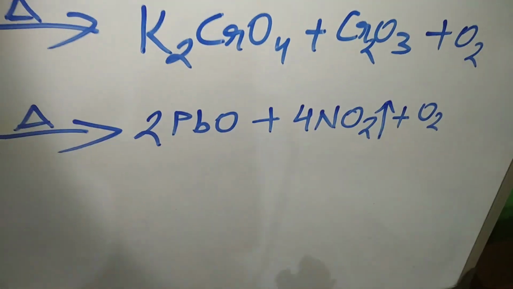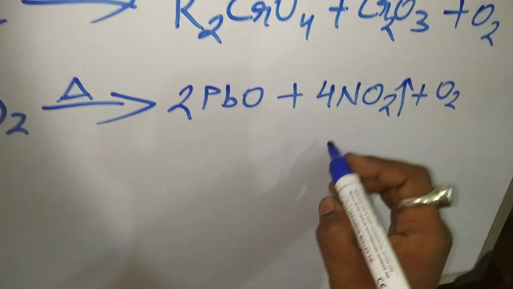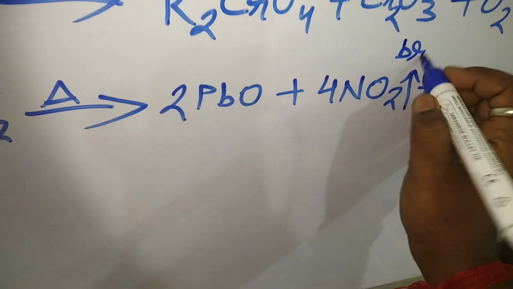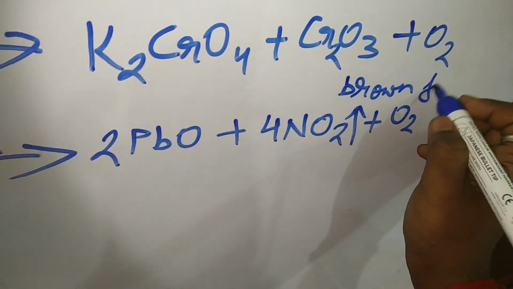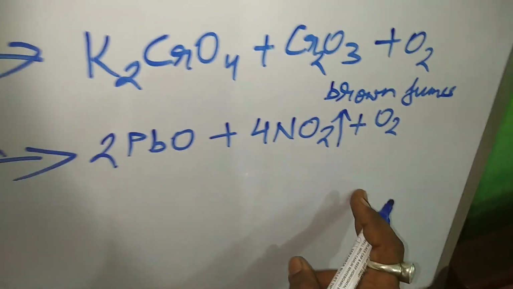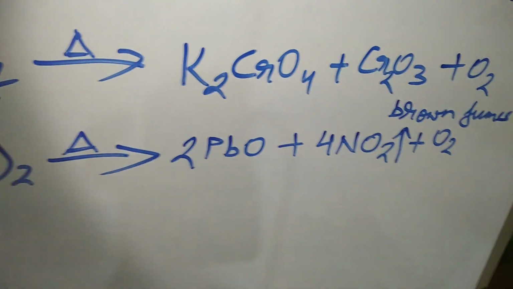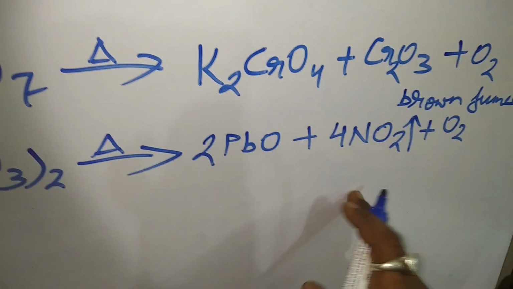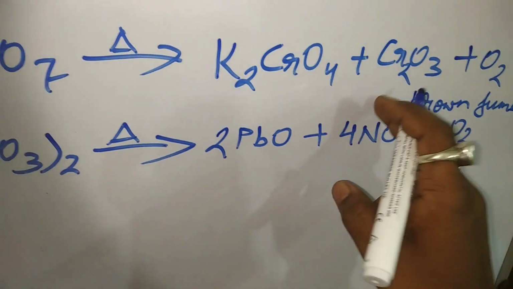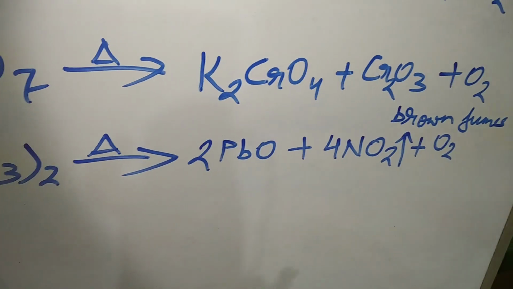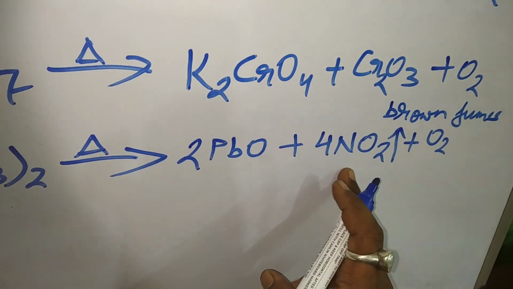How do we understand that it is releasing NO2? Nothing special: brown fumes, meaning it will release a brown colored gas. When it releases a brown colored gas, understand it is NO2.